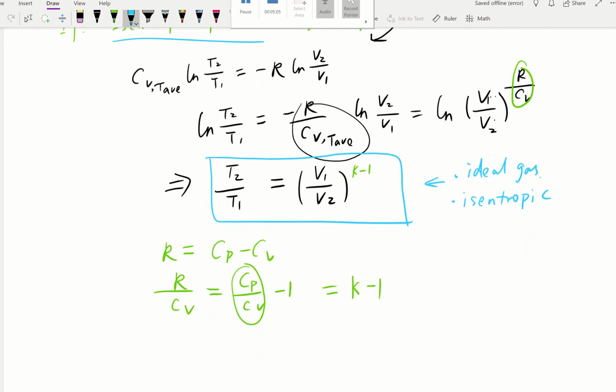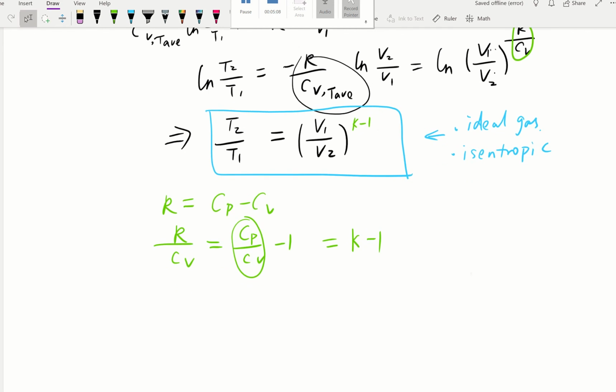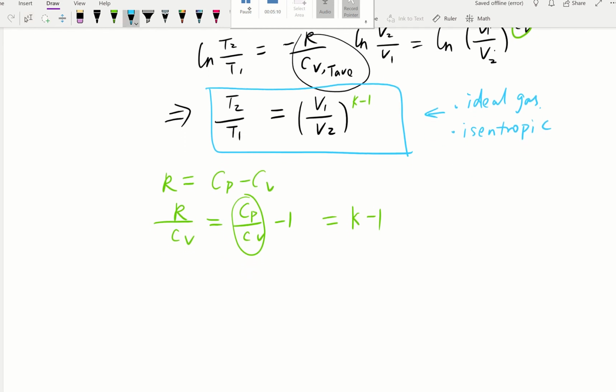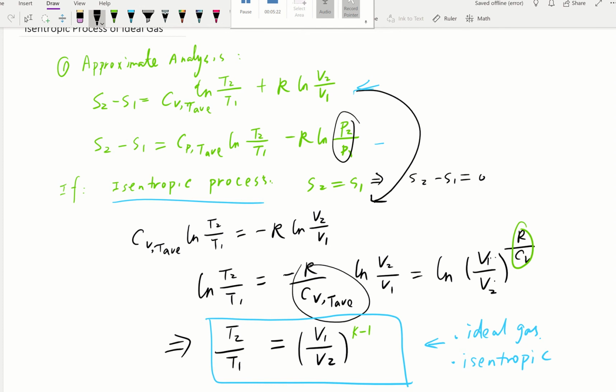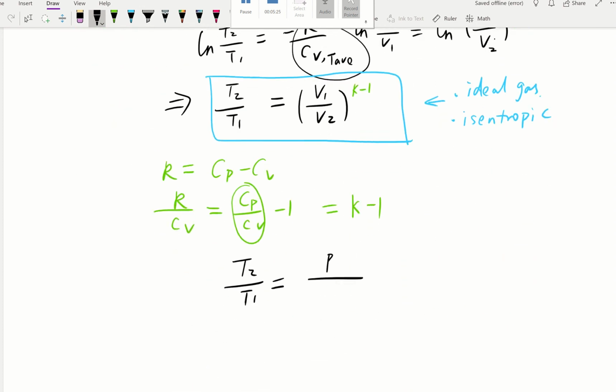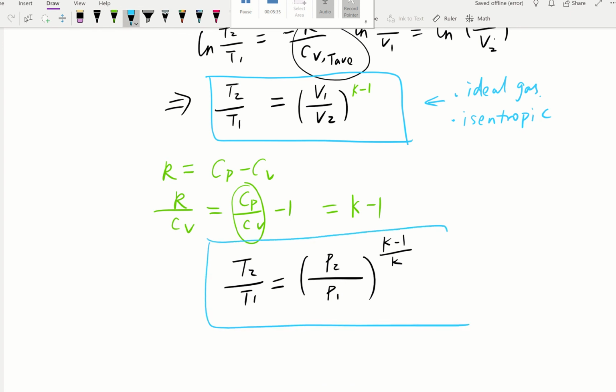Here I don't need to derive that one again, and I'm just going to write down another expression, which will be T2 over T1 equal to, instead of the volume ratio, for this one we're going to use our pressure ratio, so it would be P2 over P1, and here the exponent becomes k minus 1 over k. That's going to be our second equation for ideal gas isentropic process. Those are the two.